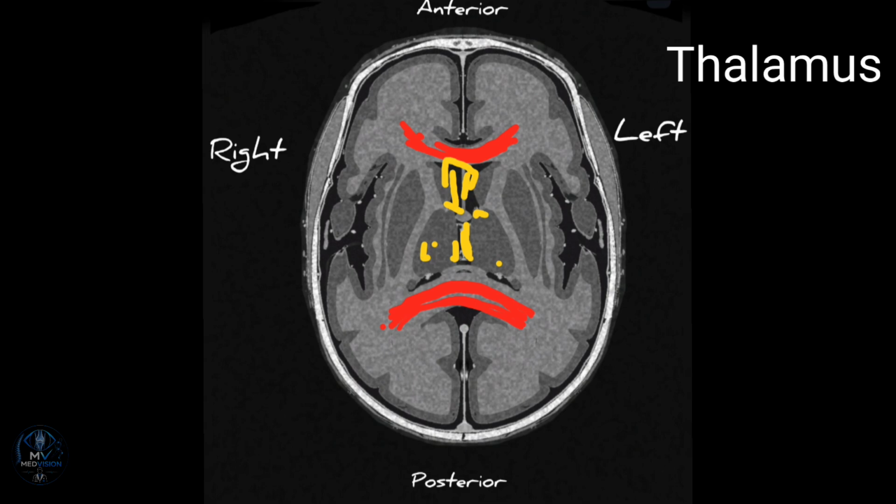Its lateral wall is formed predominantly by the thalamus and the hypothalamus, while the interventricular foramina connect it anteriorly with the lateral ventricles. Posteriorly, the third ventricle continues into the cerebral aqueduct, also called the aqueduct of Sylvius, which connects it to the fourth ventricle.